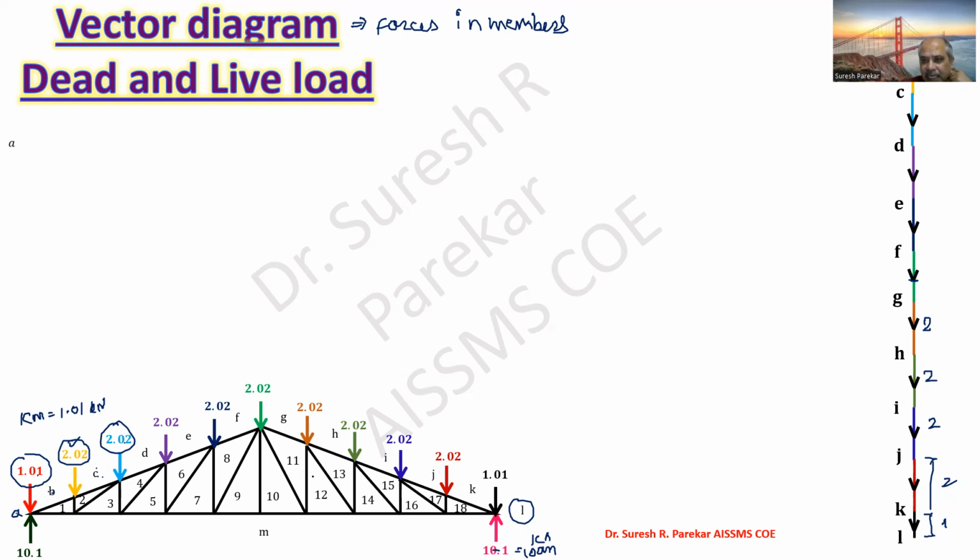You just see carefully, whatever colors are given to the forces, the same colors I have plotted for their values. So AB red color, so I have plotted 1 centimeter. BC we have yellow, so I have plotted it yellow. Then green, likewise. Last you can see I have shown 1.01 black, 1 centimeter black.